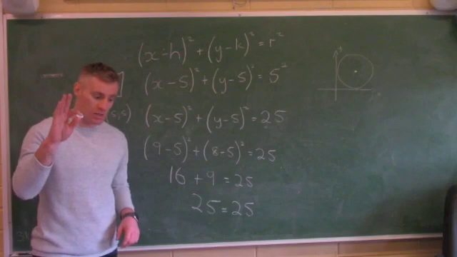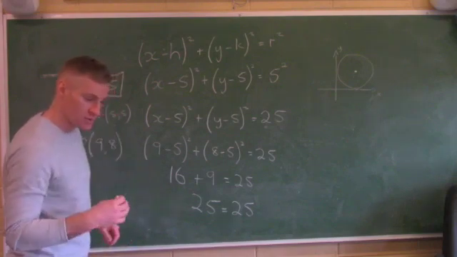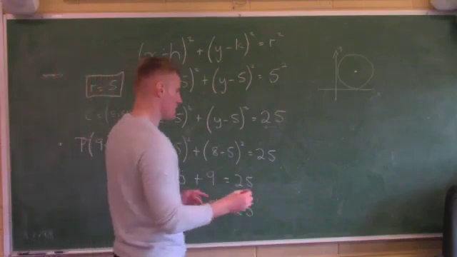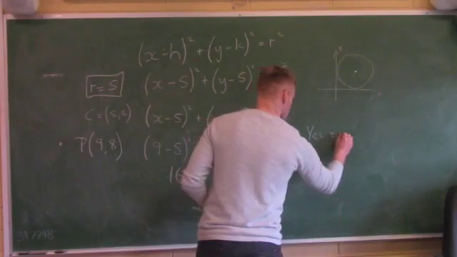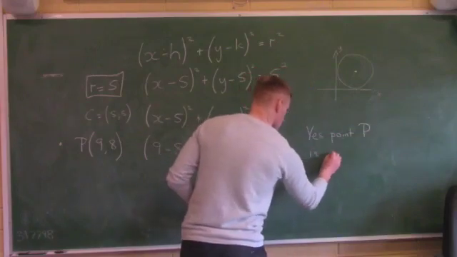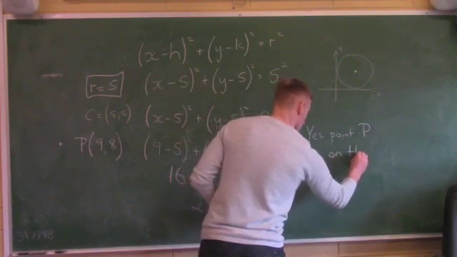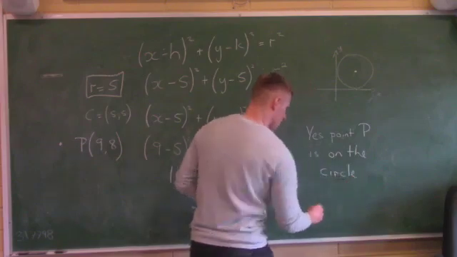Again, 5 marks, well, I haven't got my 5 full marks yet. I need to just state, it says using algebra to verify. So just state at the end, yes, point P is on the circle, or something to that effect. Point P is on C.